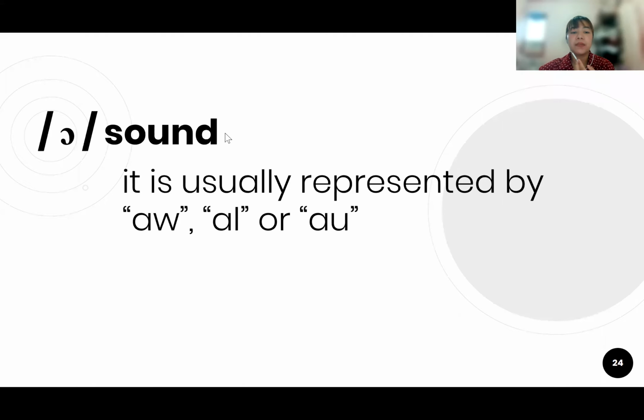It is usually represented by the letters or combinations AW, AL, or AU. It is written like an inverted small letter C, the open O. It's called open O because, as you can see, it is not a fully closed O.